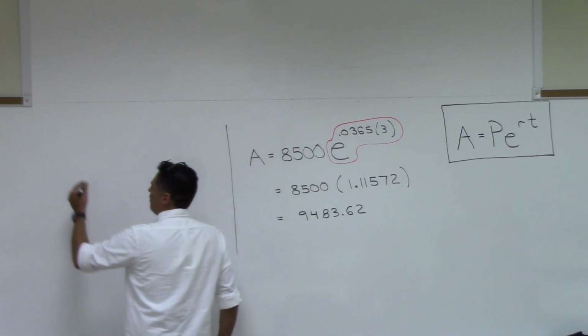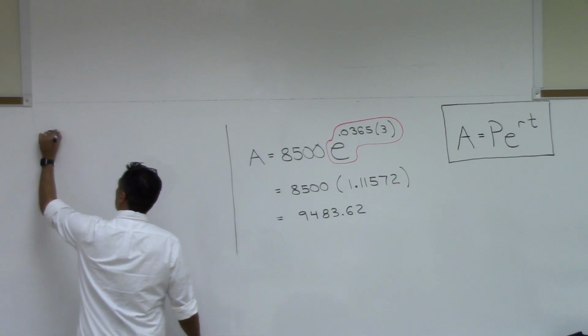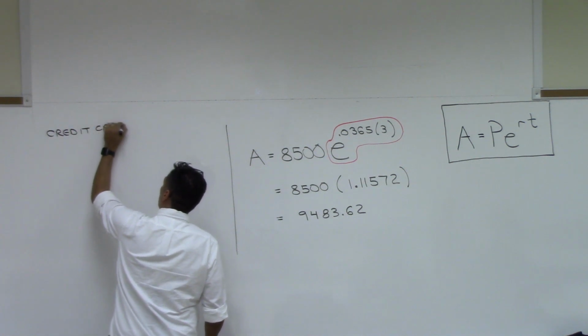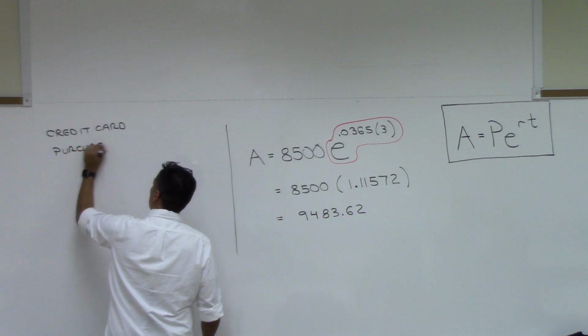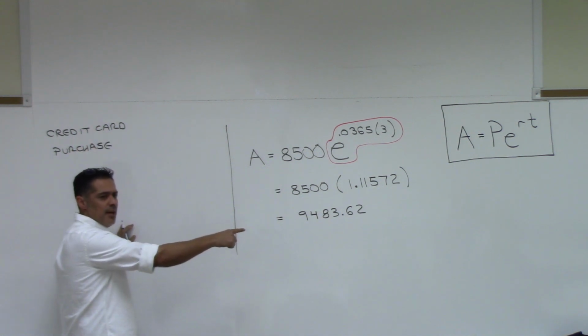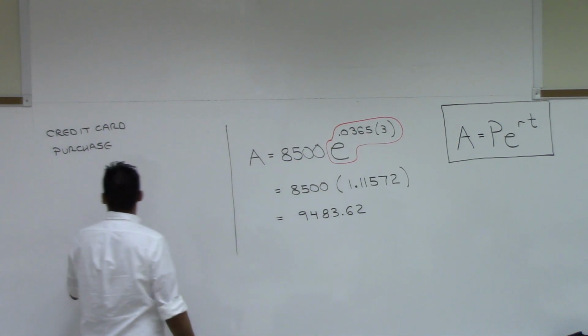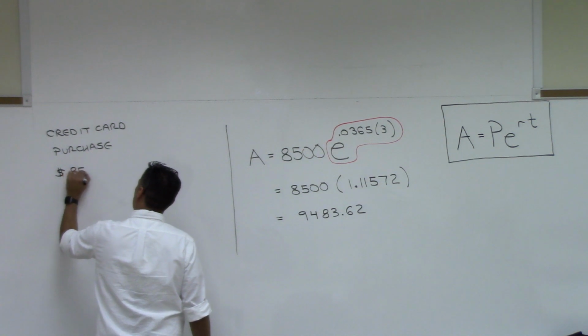Okay, now you'll have penalties and stuff like that, so we're not going to include that. So imagine you did a credit card purchase. I want to use 8,500 again so we can compare our answers to give us an idea of what a difference it'll be. So a credit card purchase of $8,500.